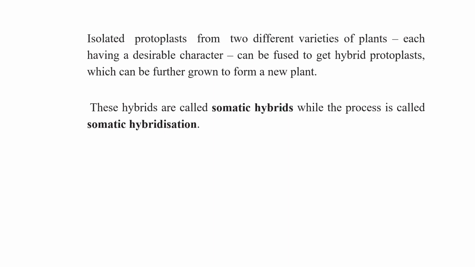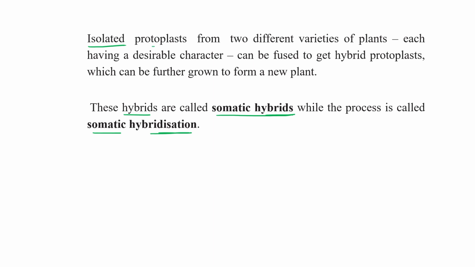Scientists also develop different plant varieties which are having character of both the plants. This technique is known as somatic hybridization, and these hybrids are known as somatic hybrids. Once again I'll repeat the same thing.